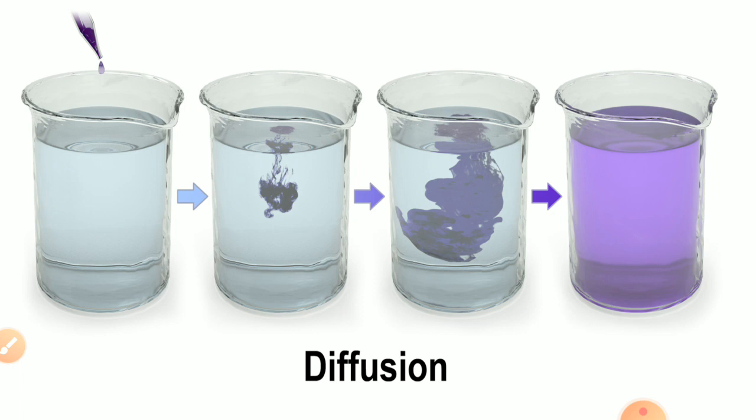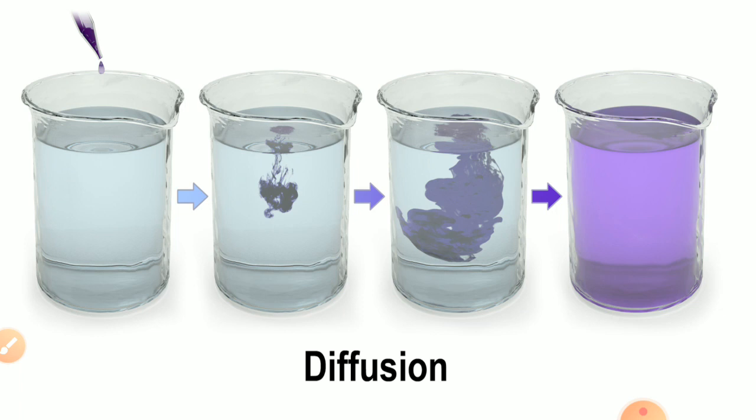It is a random movement. There is no particular direction in which it has to move. It is a random movement of molecules from higher concentration to lower concentration. And the most important thing in diffusion is that there is no requirement of energy. It will happen by itself. No energy is required to facilitate simple diffusion.